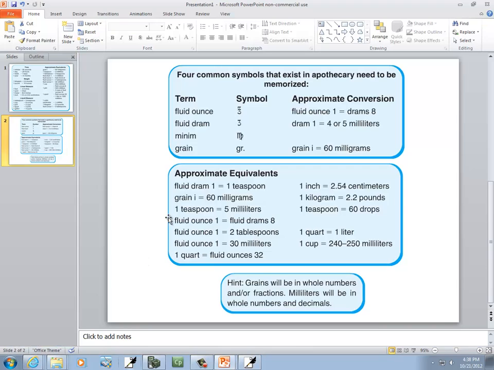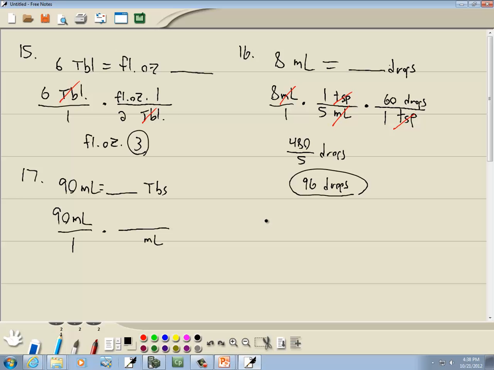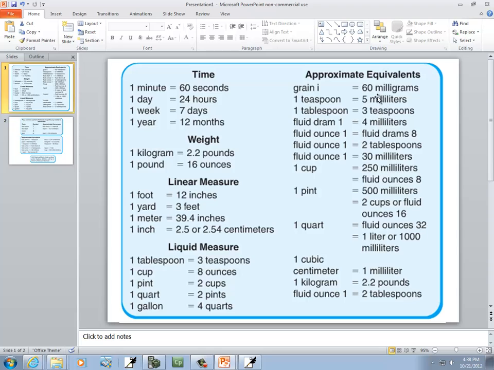Milliliters to tablespoons. 2 tablespoons is 1 fluid ounce. 1 tablespoon is 3 teaspoons. Okay. Now it looks like I'm going to have to tie it to teaspoons.